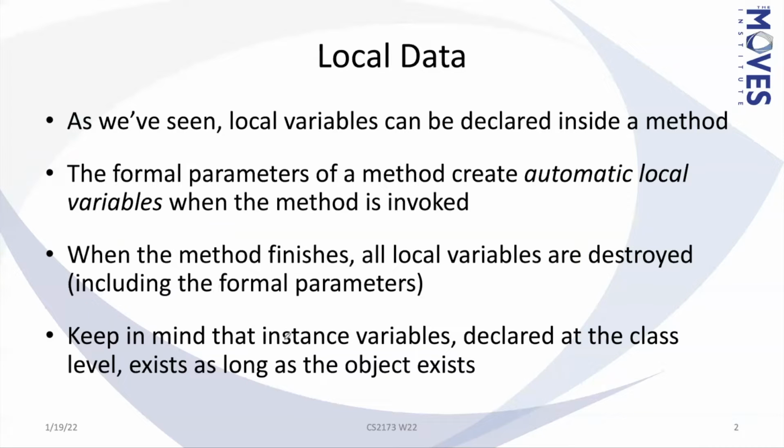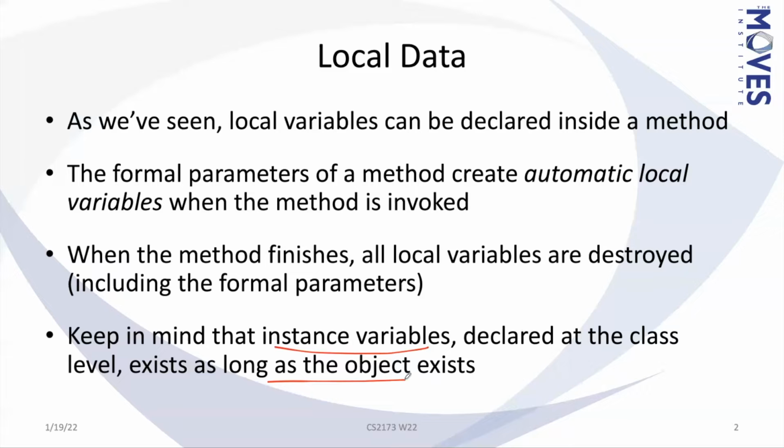This is one of the key things, that the instance variables, however, which are declared at the class level, exist as long as the object exists. So if you are in a situation where you want a value to persist beyond more than one method call, then it must be an instance variable. Technically it could be a class variable, but for now, focus on instance variables.